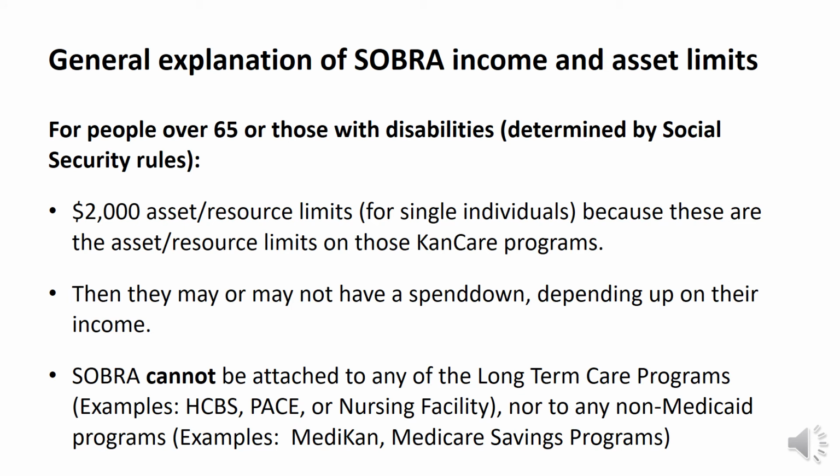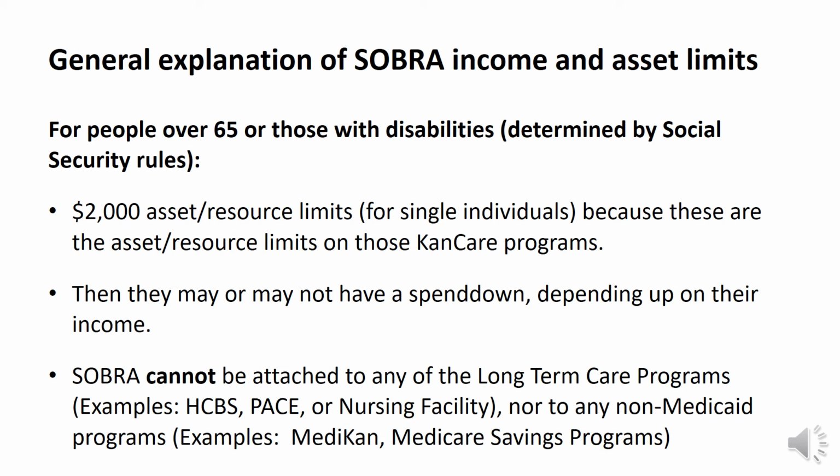General explanation of SOBRA income and asset limits for people over 65 or those with disabilities determined by Social Security rules, or at least those who have a pending disability case with Social Security. There's a $2,000 asset resource limit for single individuals because these are the asset resource limits on those KanCare programs for people over 65 and those with disabilities.